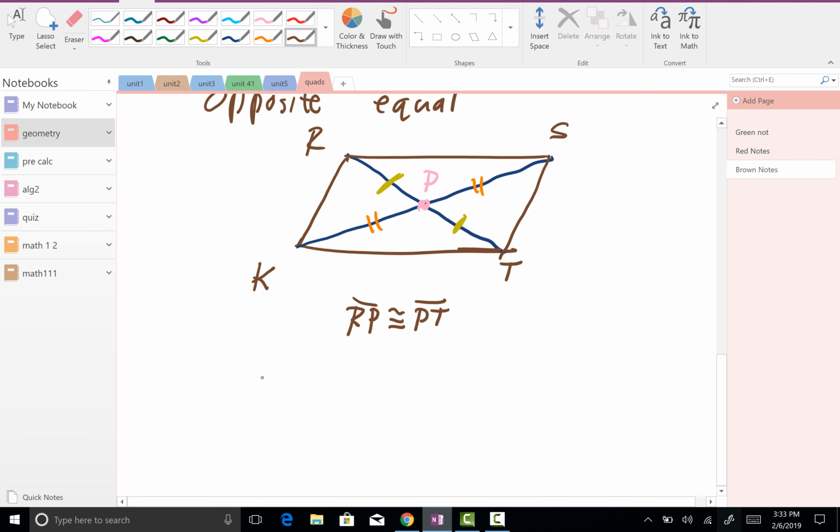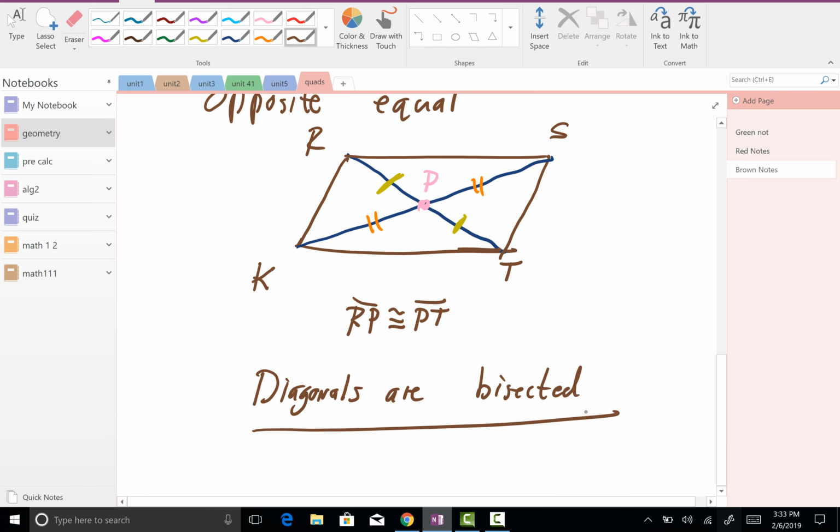So then the diagonals are bisected. They bisect each other. So that means they're cutting each other in half. That's what that means, right? That's what we've talked about before. We talked about bisect from the second week of school, right? What bisect means, cutting things in half. In a parallelogram, those diagonals bisect each other. They're not equal, but they bisect each other, okay?